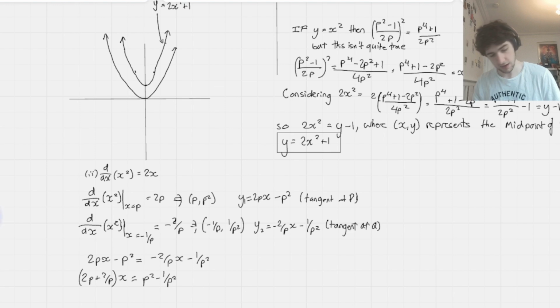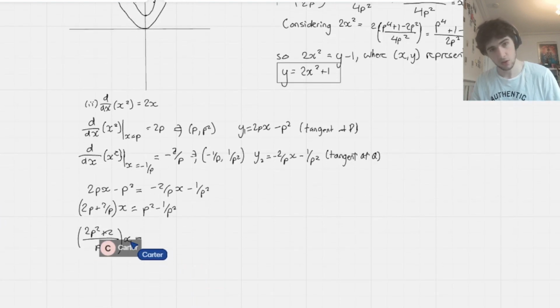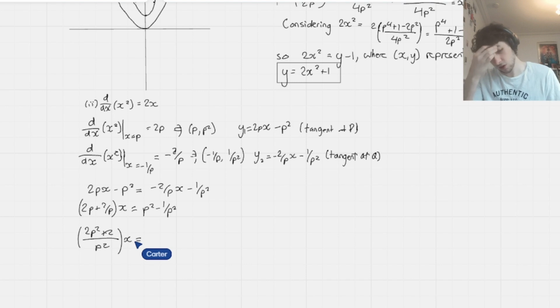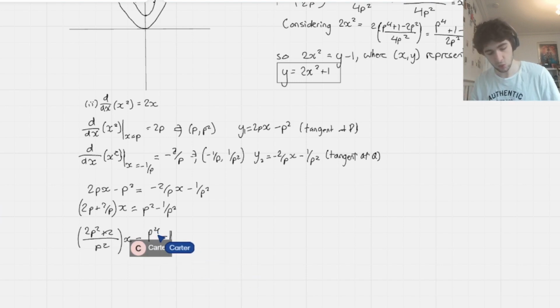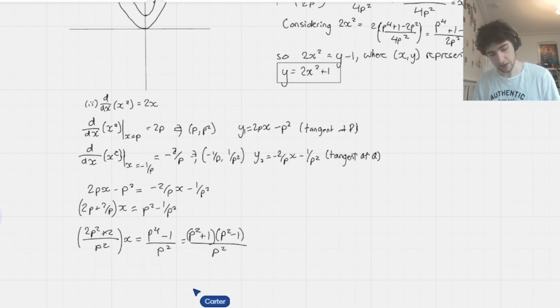So if I clean this up, I get 2p squared plus 2 over p squared, times x, is equal to p to the 4 minus 1 over p squared, which is the same thing as p squared plus 1 multiplied by p squared minus 1, divided by p squared. So now I can solve for x by dividing both sides by 2p squared plus 2 divided by p squared.